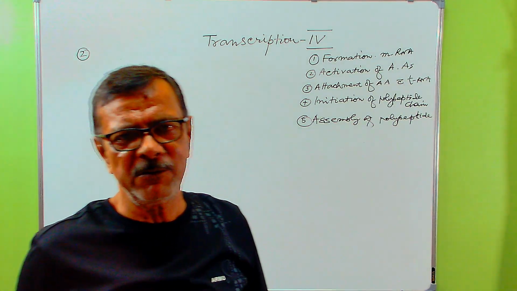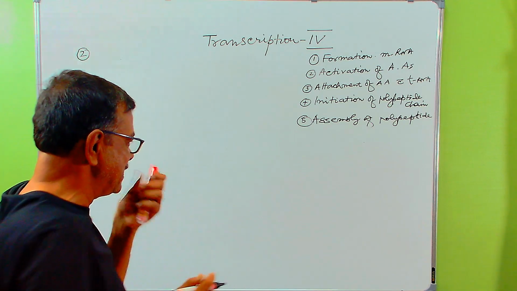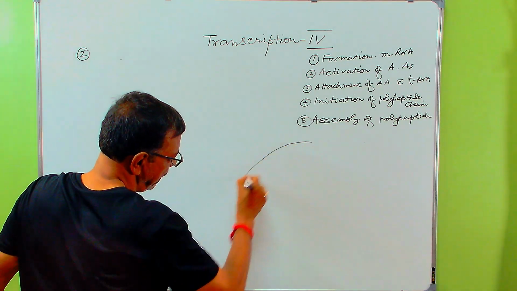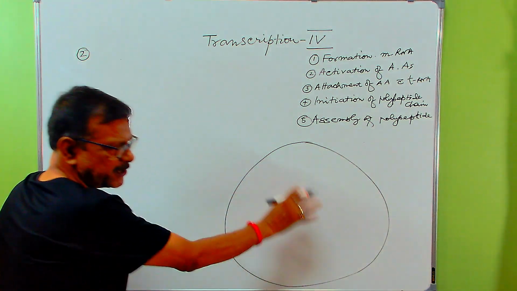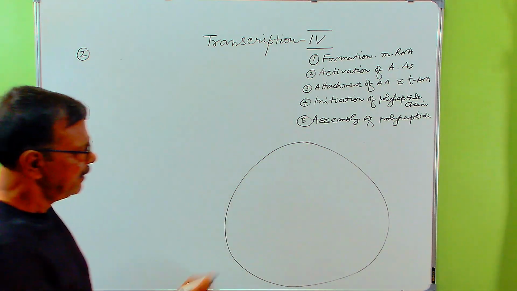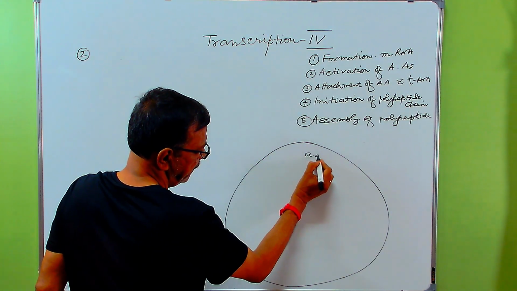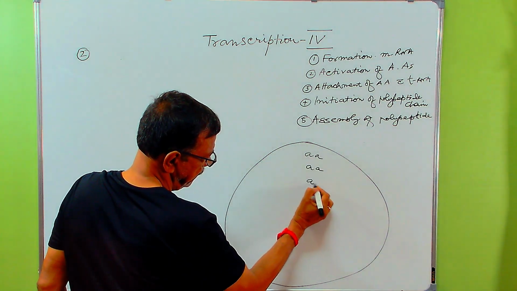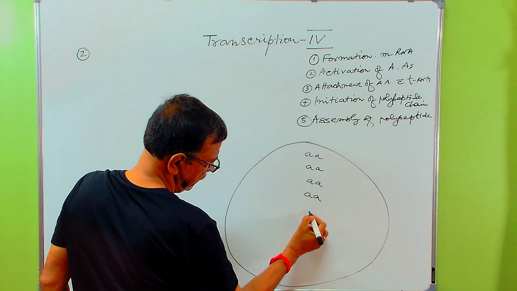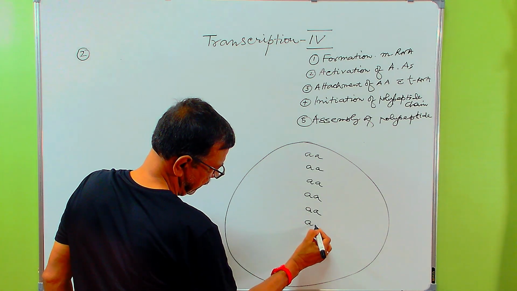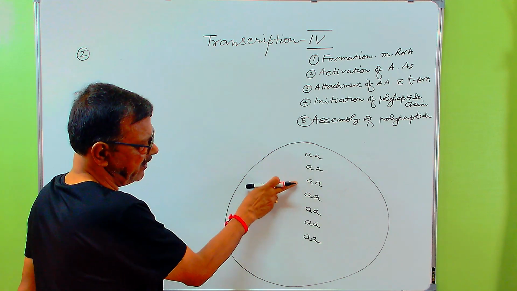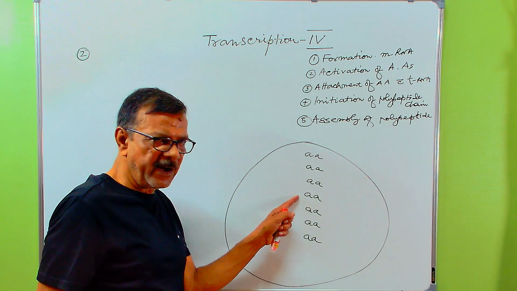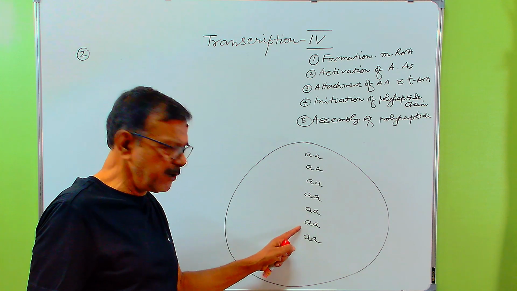How many amino acids are there? 20 amino acids. Leucine, isoleucine, phenylalanine, tryptophan, valine, threonine.